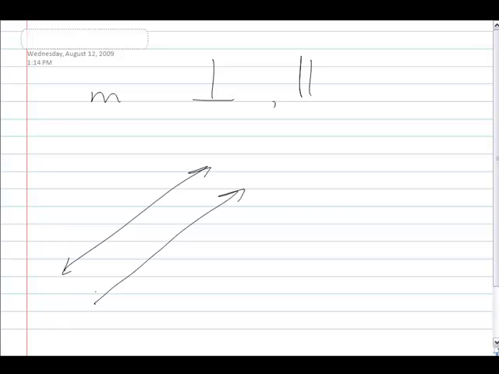Now, when we're talking about slope, we can also find a slope that is perpendicular or parallel to a given slope. If a line, such as this one, is parallel to a line such as this one, as in they never cross, like railroad tracks, the slope is going to be the same for each line.